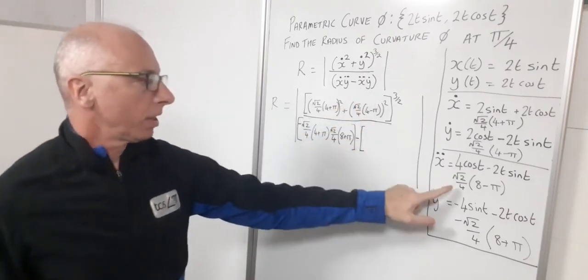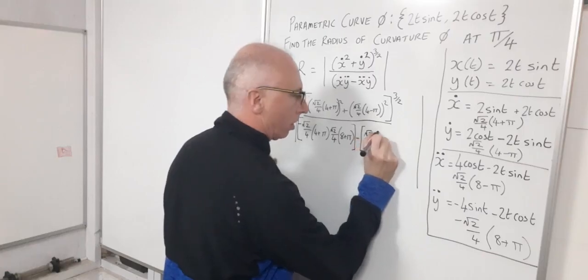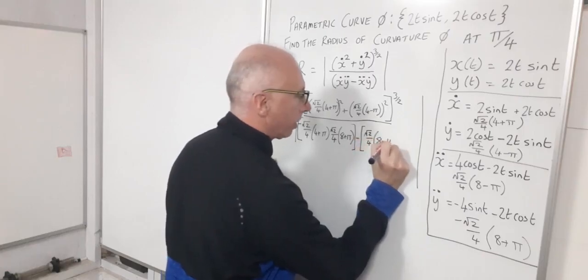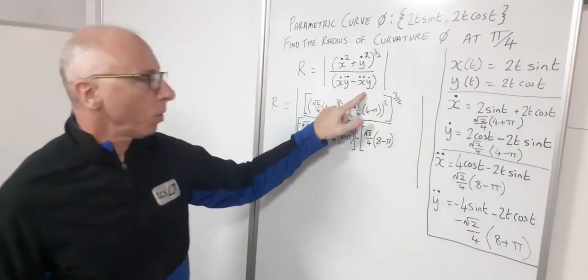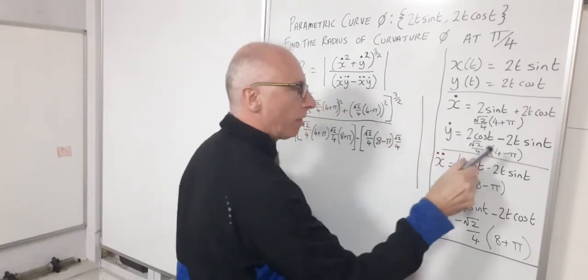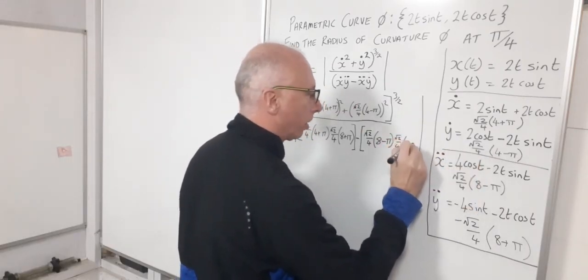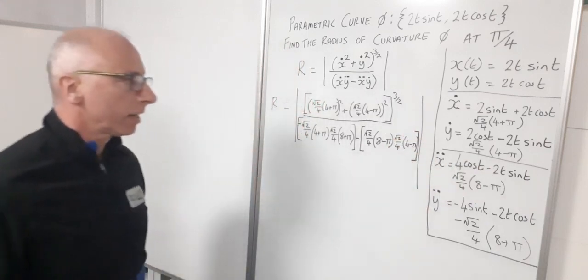So x double dot, root 2 over 4, 8 minus pi, and then y dot, root 2 over 4, 4 minus pi. Okay, and then that's all inside that big square bracket.